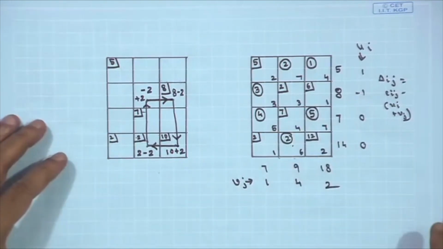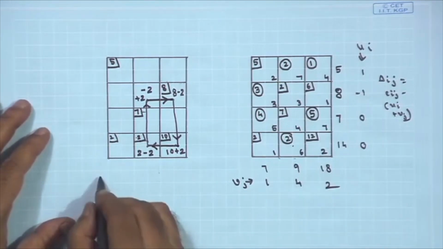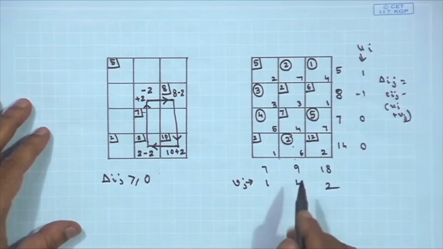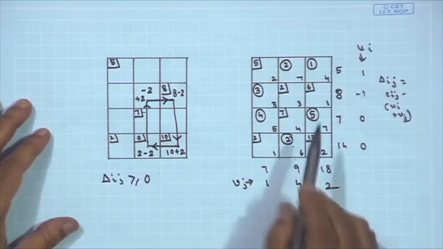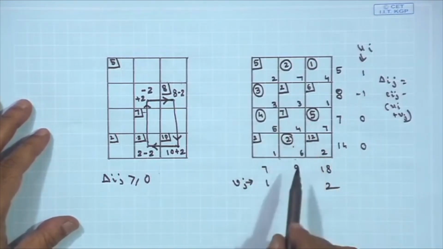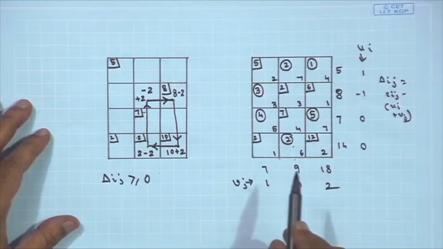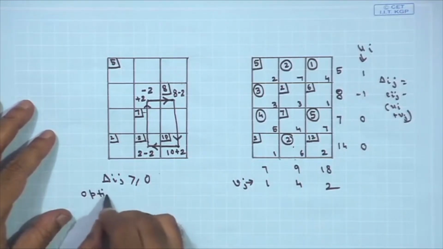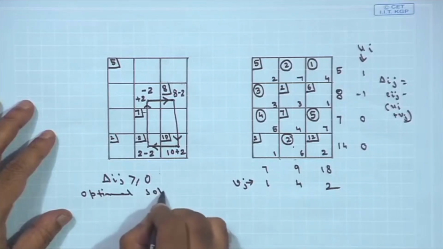Now, you see the value of delta i j is greater than 0, therefore greater than or equal to 0. Therefore, the allocation which we have made now is optimum, and your optimal solution I can write down like this.